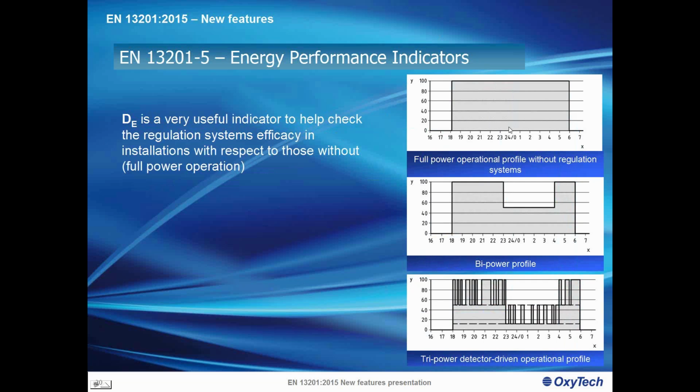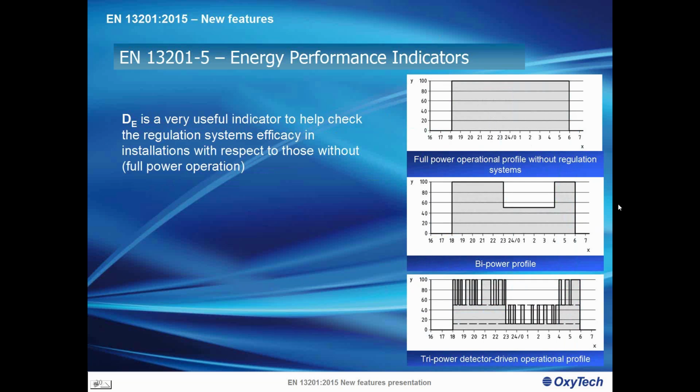So for example, let's come to the next slide. As you can see here, we have three different profiles. The first one is characterized by a constant power all over the turn on of the system. So it means that in between 6 p.m. up to the day after 6 a.m., we have the system working at 100% of the power.